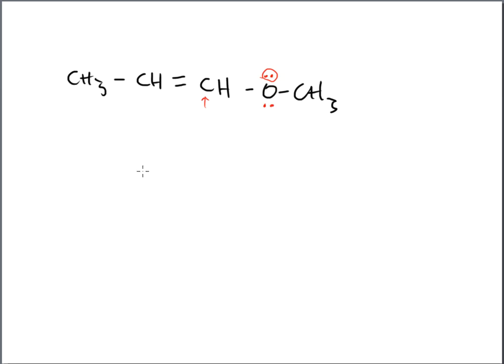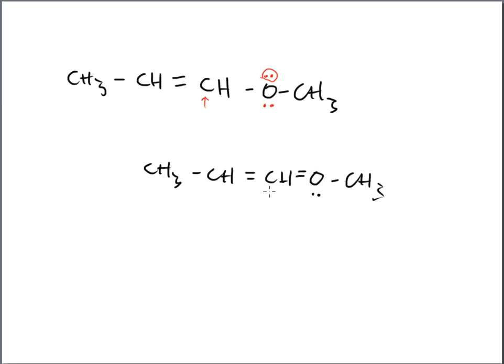So I'm going to redraw the structure: CH3, CH, double bond, CH, oxygen, CH3. Here's a free set of electrons, and this is how we do it. 1 set of electrons will be pushed, and it will go here next door.